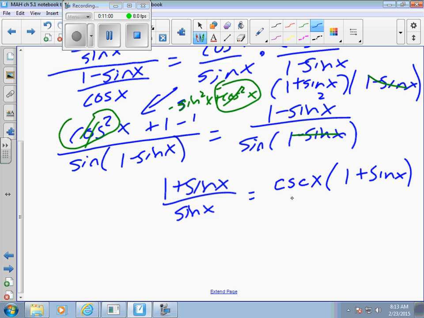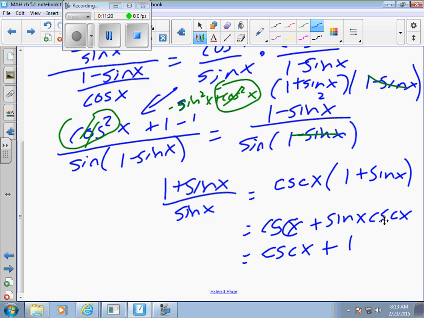And we can, and it'd probably be a little bit simpler to write it as the cosecant x plus sine x cosecant x. Sine x, this is 1 over the sine, so I'm left with the cosecant x plus 1, because this is 1 over the sine. And that's about as simple as we can go for that one.